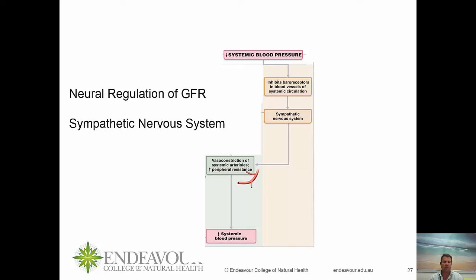So that's what we talked about very early on, where we said the kidney worries about keeping the GFR constant through autoregulation, through myogenic feedback or tubuloglomerular feedback. But when the nerves and the hormones become involved in regulating the GFR, it's not to keep it constant. It's to change it so as to get the blood pressure correct again.